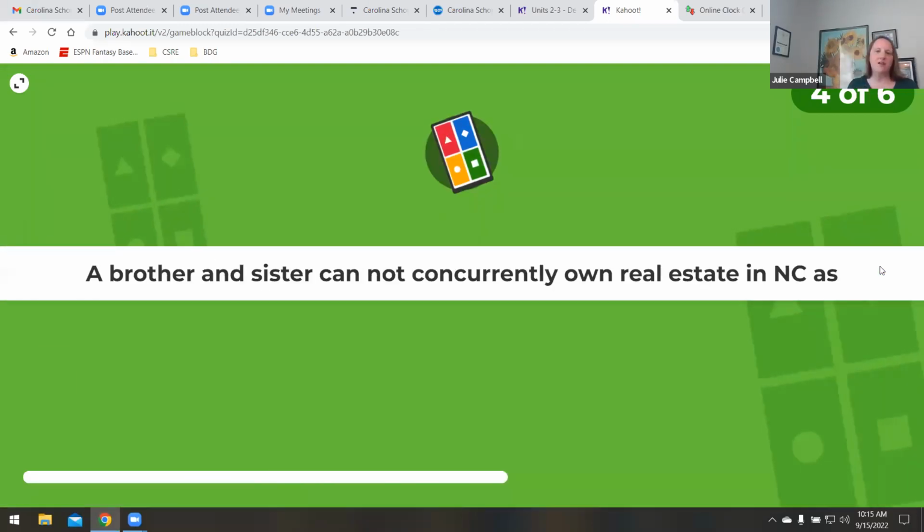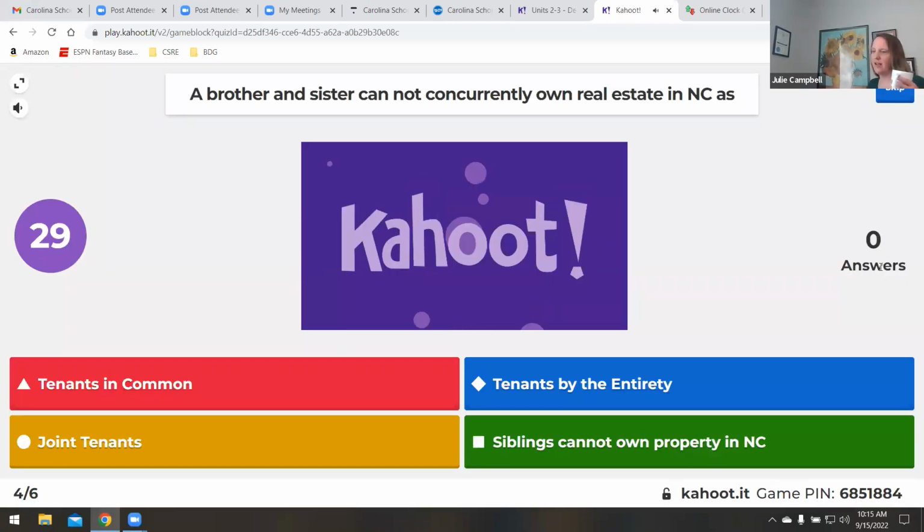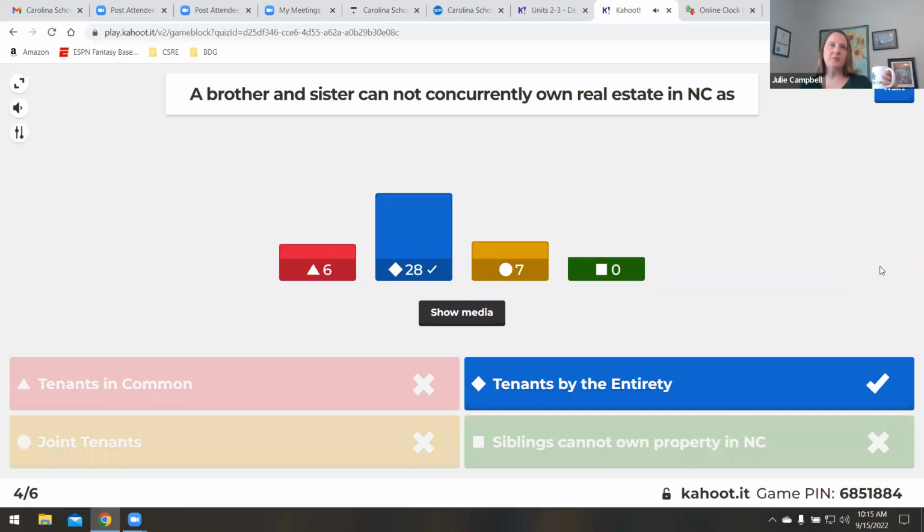Question number 4. Brother and sister cannot concurrently own real estate in North Carolina as tenants by the entirety.